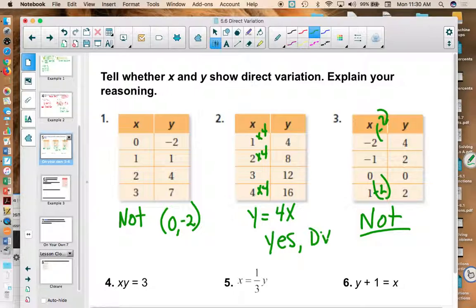Because you get from 1 to 2, you do times 2, and if you multiply 3 by 2 is 6. She says, because you're multiplying by 2. Is she correct? Oh, I see what you're doing. You're multiplying the x's by 2, and you also multiply the y by 2.